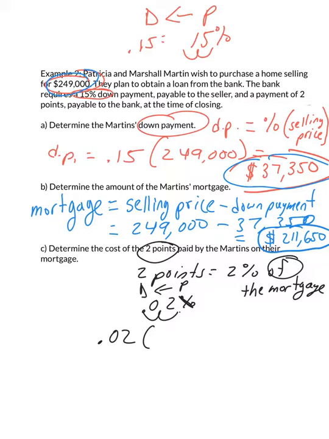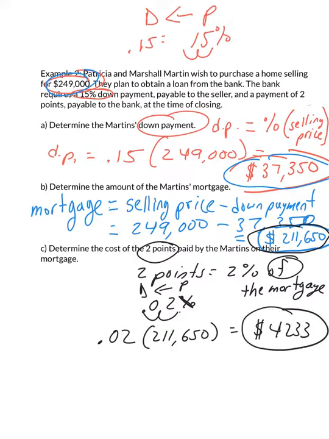Well, the mortgage was our answer to Part B, $211,650. So we're doing 2% of $211,650 by multiplying, and when you multiply that out, you get $4,233. So the Martins, in addition to the down payment and all the other closing costs, are going to put down these 2 points to lower their interest rate.